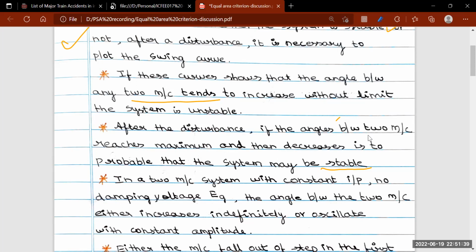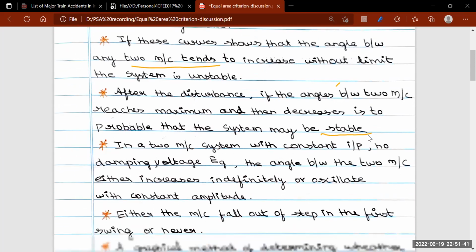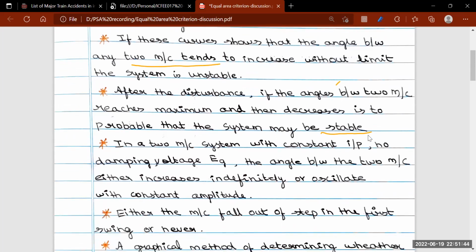If I consider two machines connected in parallel with a constant input power, no damping, voltage Vg, the angle between the two machines either increases indefinitely without any control or oscillates with a constant amplitude.